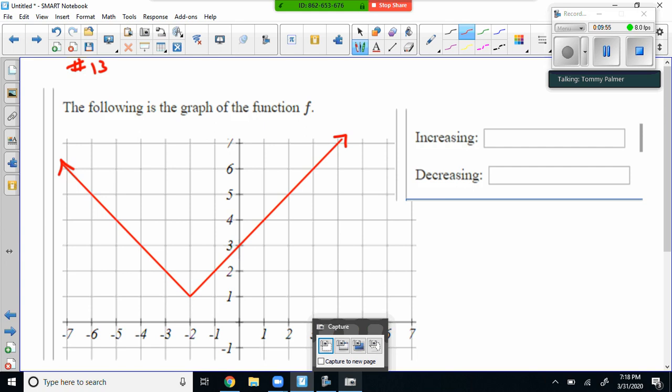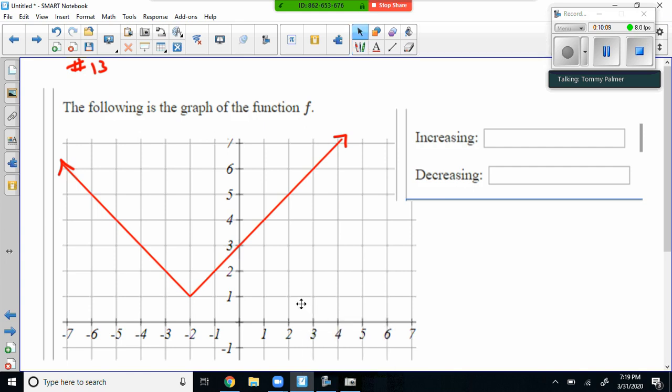So what I need for you to do is determine what you think the interval of increasing and decreasing is real quick, for this particular problem. I'll pause it and give you about 30, 45 seconds to see what you can do. There you go. So what did you get for increasing?